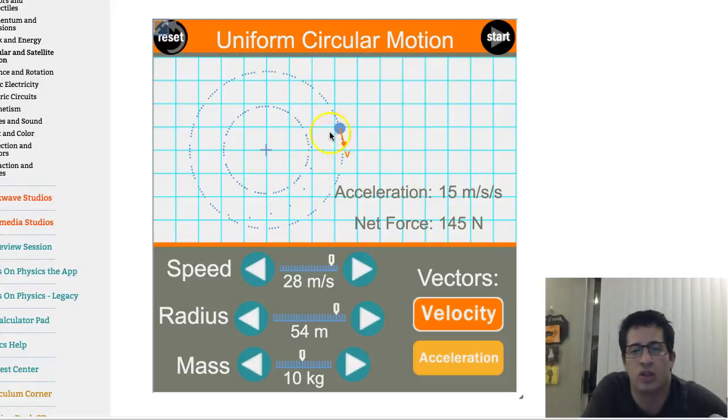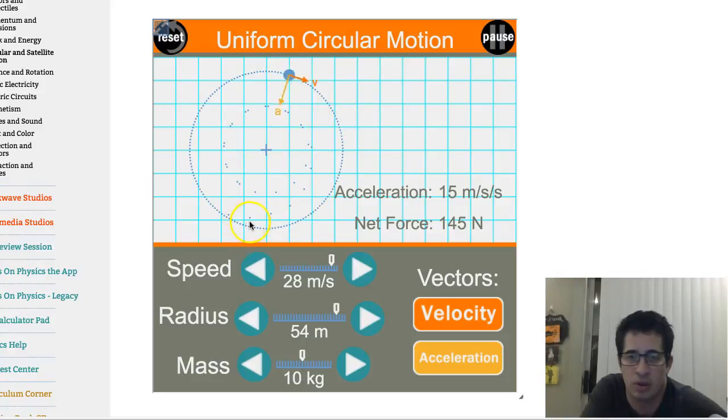So this particle experiences acceleration constantly. It's constantly accelerating because it's constantly changing direction. The direction of that acceleration is towards the center of the circle. Here you can see it's always getting changed towards the center of the circle. The acceleration is almost like a pull; something's pulling it towards the center.